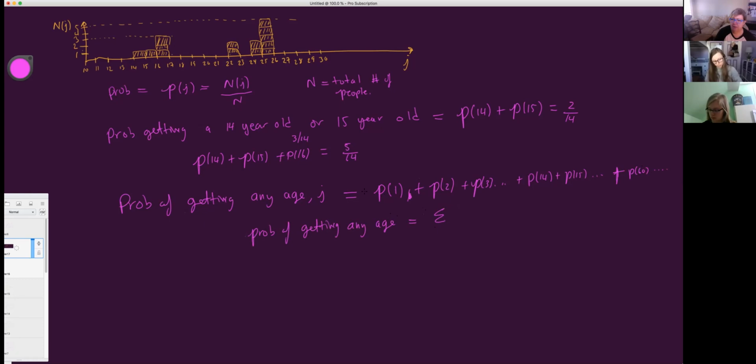I should have started with someone who's 0, because there are people who are 0 years old. It is the sum of j equals 0 to infinity of P of j, and that is 1. It has to be 1 for these to be probabilities, because when you pick somebody from the room, they have some age, so you've got to get something.